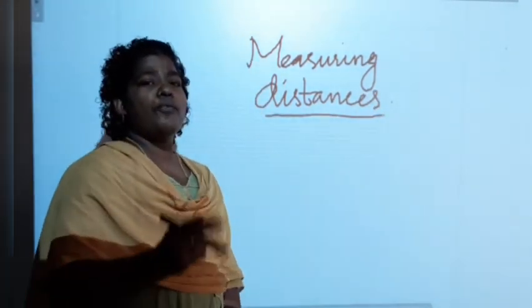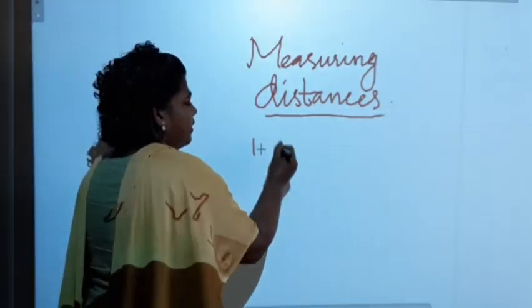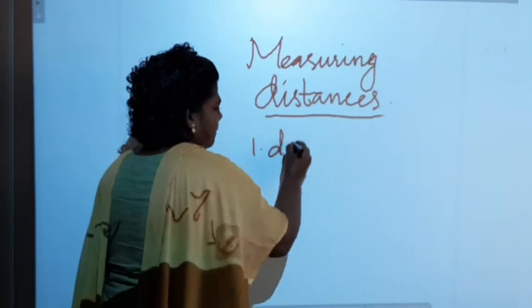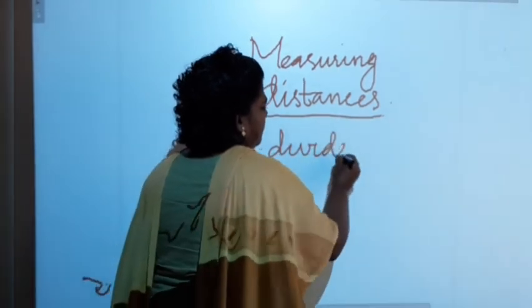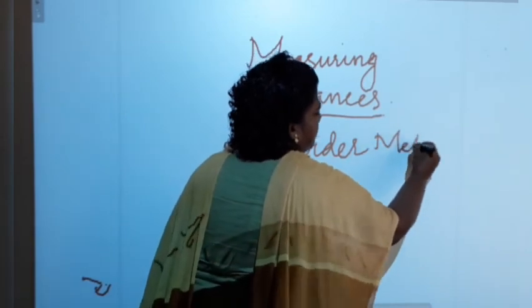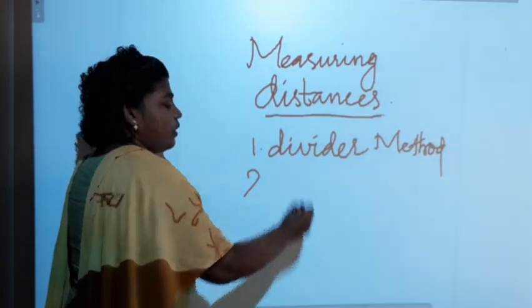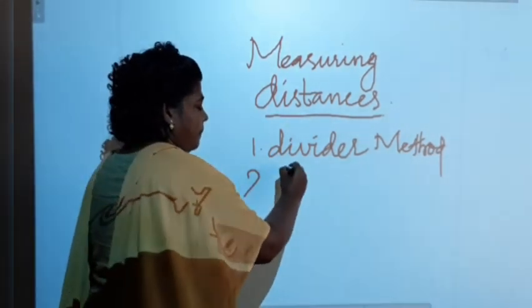What are the 2 different methods? The first method is the divider method, and the second one is the twine method.